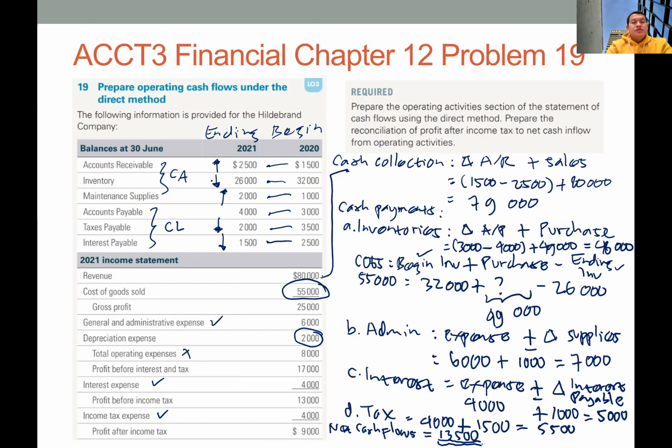As we have discussed, an increasing balance of current assets means decreasing cash, and a decreasing balance means increasing cash, because the company transforms some of the current assets into cash. So we should add the one that is decreasing, which is the inventory.